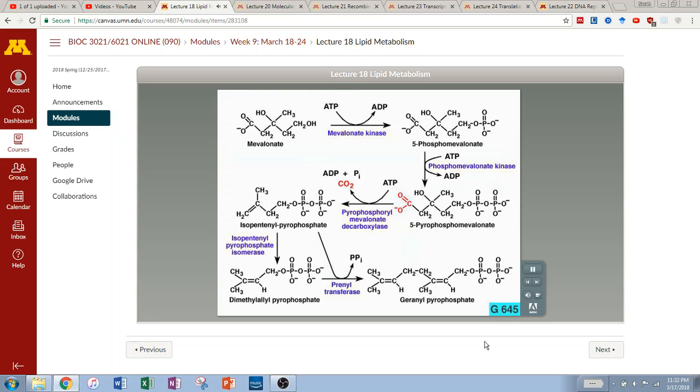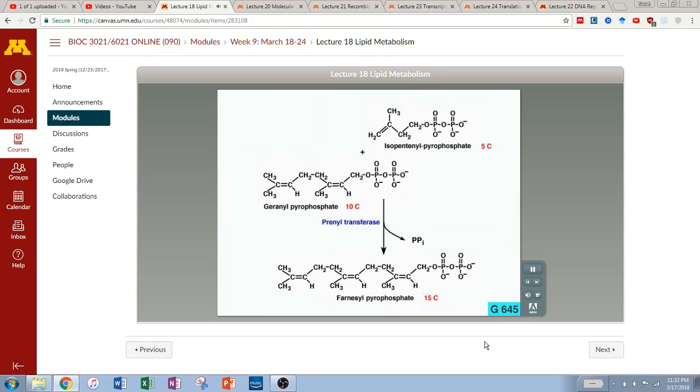This series of reactions is energized by the cleavage of 3 molecules of ATP, a decarboxylation reaction, and the release of a pyrophosphate. I'm sure that the pyrophosphate is promptly cleaved into 2 inorganic phosphates to give the pathway a further boost.